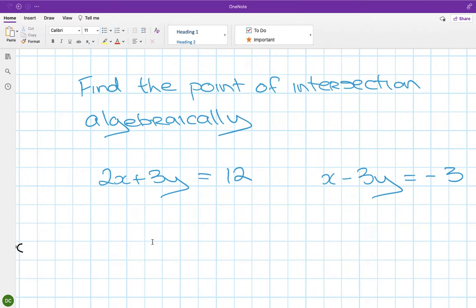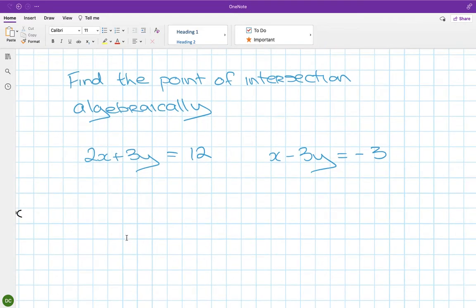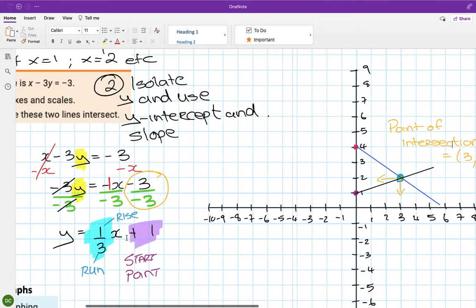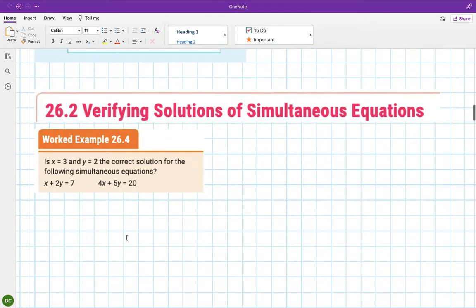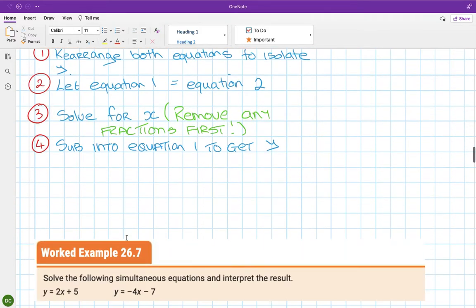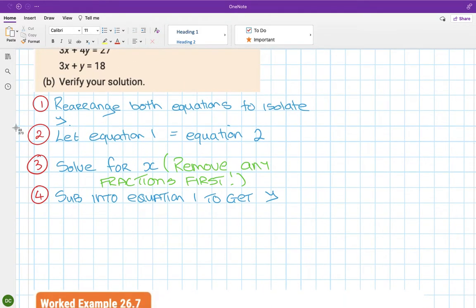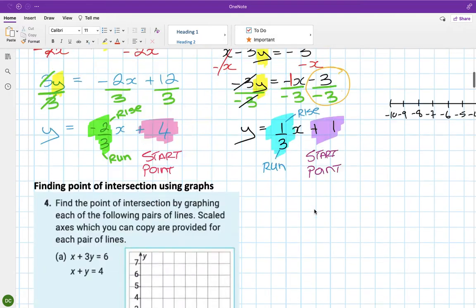Right. Now, I'm sure if any of you are doing grinds or getting any kind of extra help that you have learned a particular way to do this. It's called elimination or cancelling. I don't see any point in learning a different way to do it when you already know how to do it.